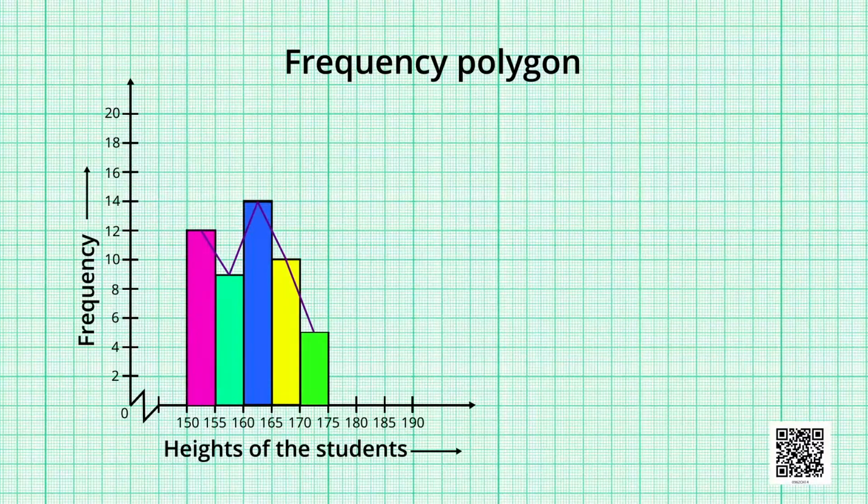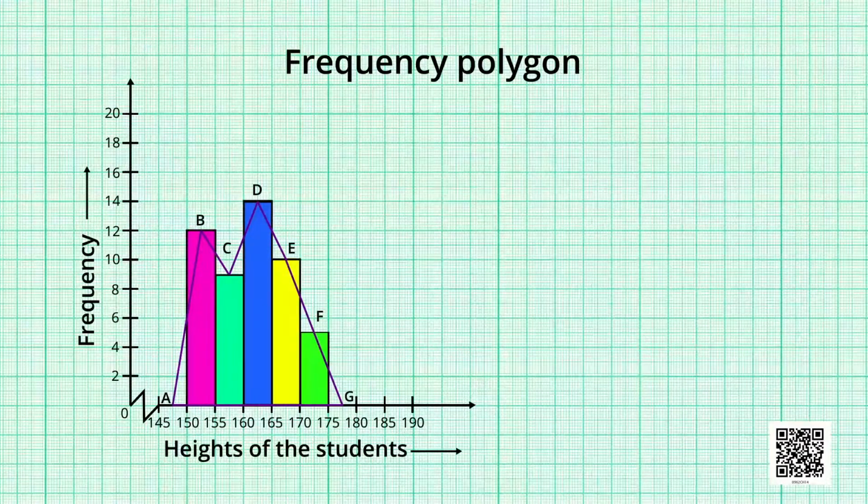Let us name them as B, C, D, E and F. After joining them, we get a figure B, C, D, E, F. To complete the polygon, we assume that there is a class interval 145 to 150 having 0 frequency and class interval 175 to 180 having 0 frequency, and mark their midpoints as A and G. Now join AB and FG. You get a polygon ABCDEFG. This is called a frequency polygon.